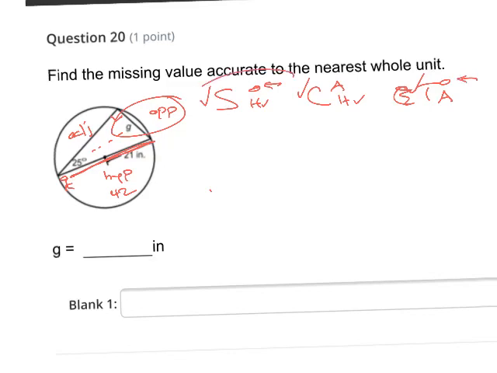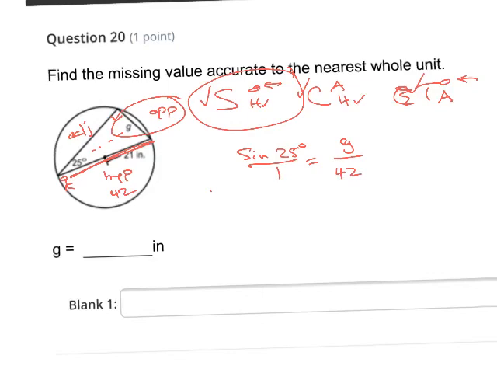Okay, so we want to look at the function that has something at every position, and that would be our sine function. So we need to find the sine of 25 degrees, the sine of our angle, over 1 equals our opposite measurement, g, over the hypotenuse measurement of 42.